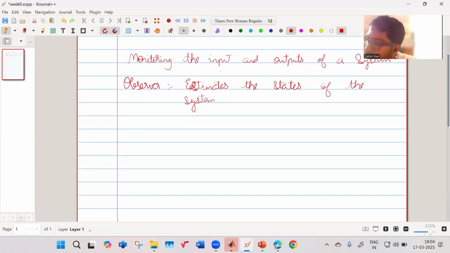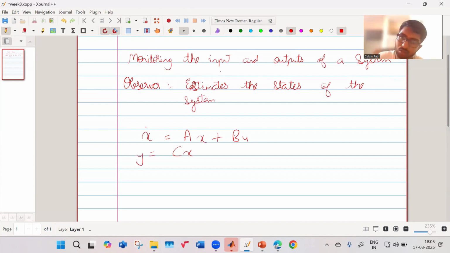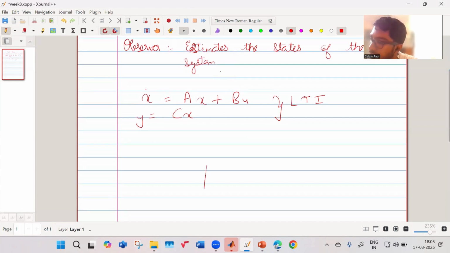So as we know, we have a system which is given by x dot is equal to Ax plus Bu, y is equal to Cx. This is the usual thing we consider for a linear time invariant LTI system. So how do we represent it? This is our 1 by s, it shows the integration. At this side it is x dot, at this side it is x, right?